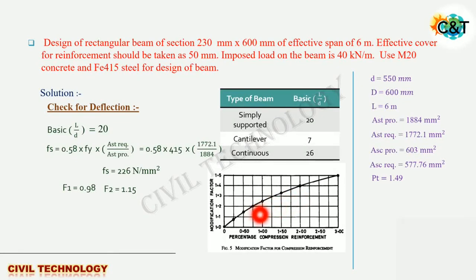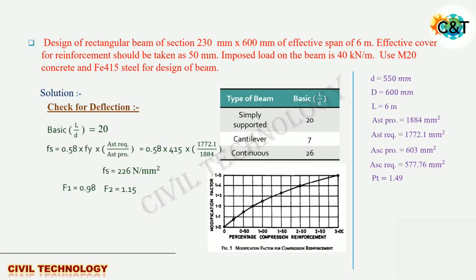For that we have to refer to one chart, called the modification factor for compression reinforcement. For whatever compression reinforcement we calculated, we have to calculate the percentage of compression reinforcement. The same way we calculate the PT value, we have to calculate the PC value, and based upon that you see where our values lie on this chart.